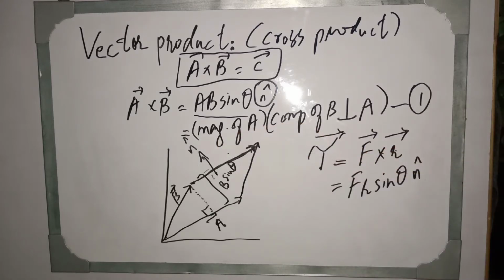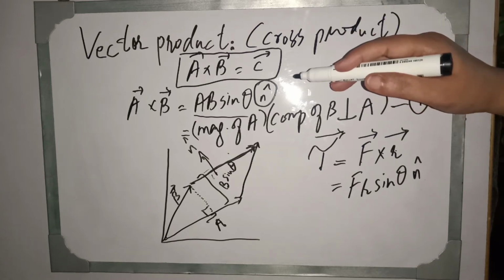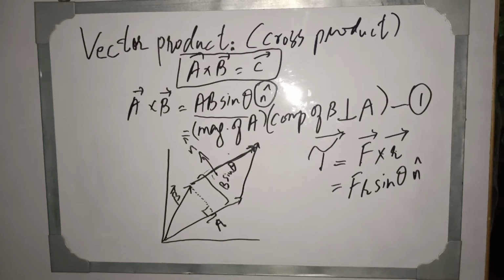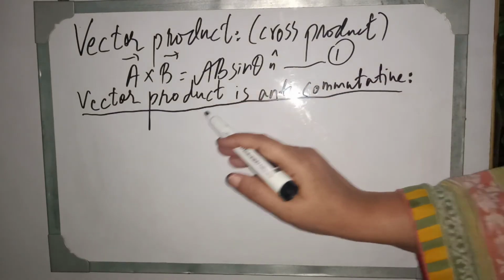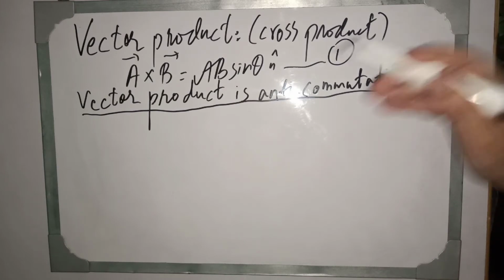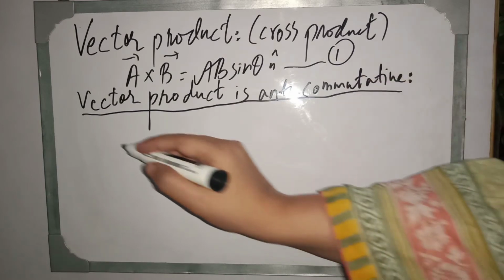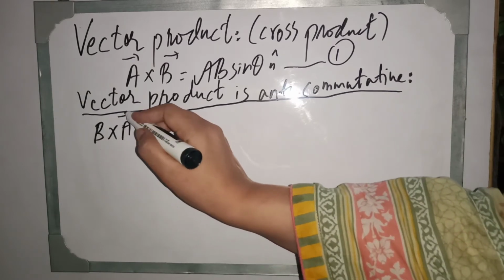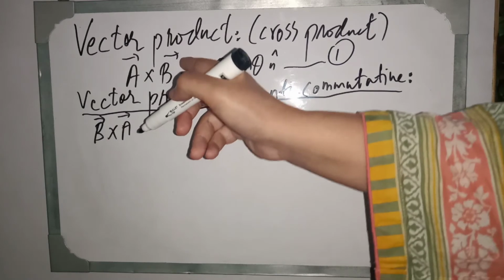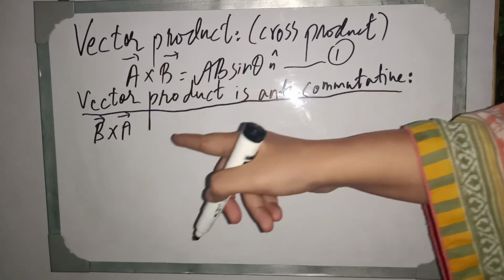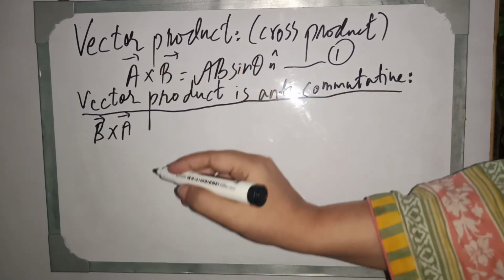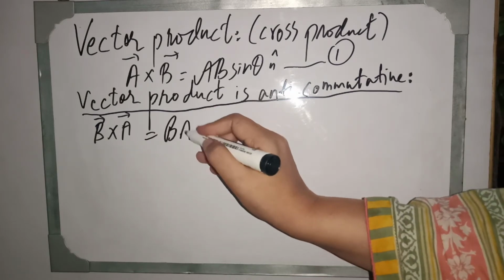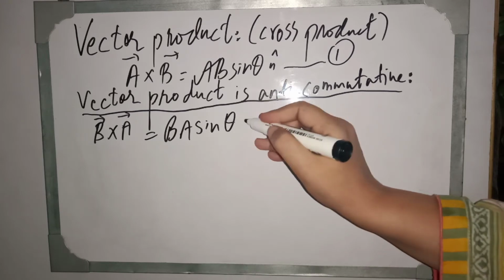Now we have to prove that this vector product is anti-commutative or non-commutative. To prove that vector product is anti-commutative, we will reverse the order of multiplication. So we will write down over here B cross A. In the first case we have taken A cross B, but now we are taking B cross A, and B cross A is equal to B A sine theta n.